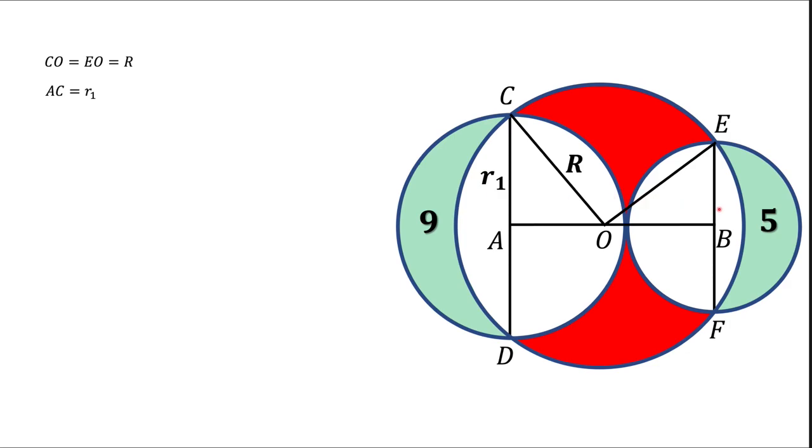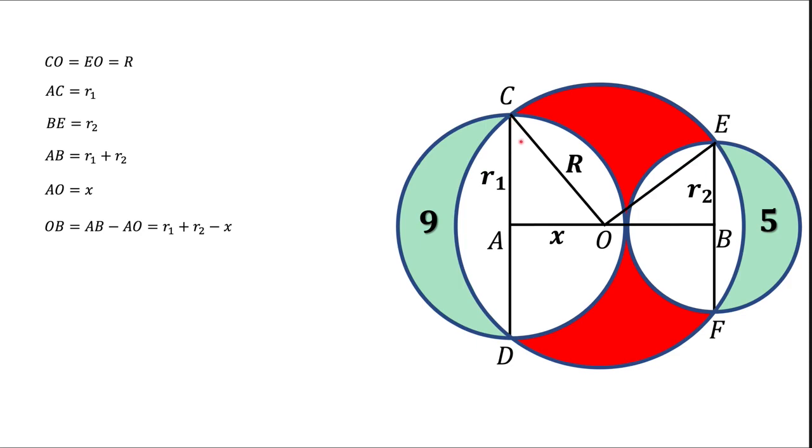And the radius of the right circle, the segment B, we're going to denote as R2. Also, segment AB equals R1 plus R2. And segment AO we're going to call X, which we're going to find afterwards. And from that we also can find OB as R1 plus R2 minus X.